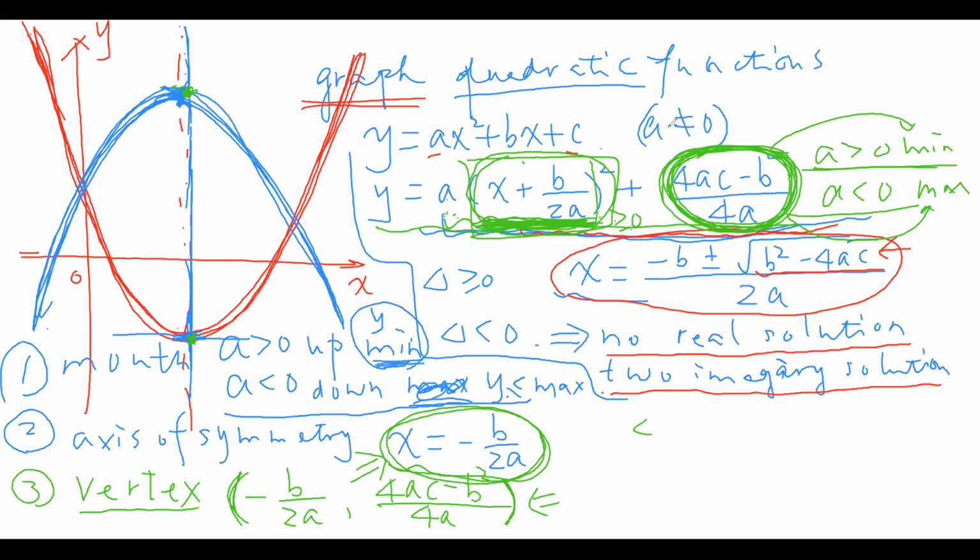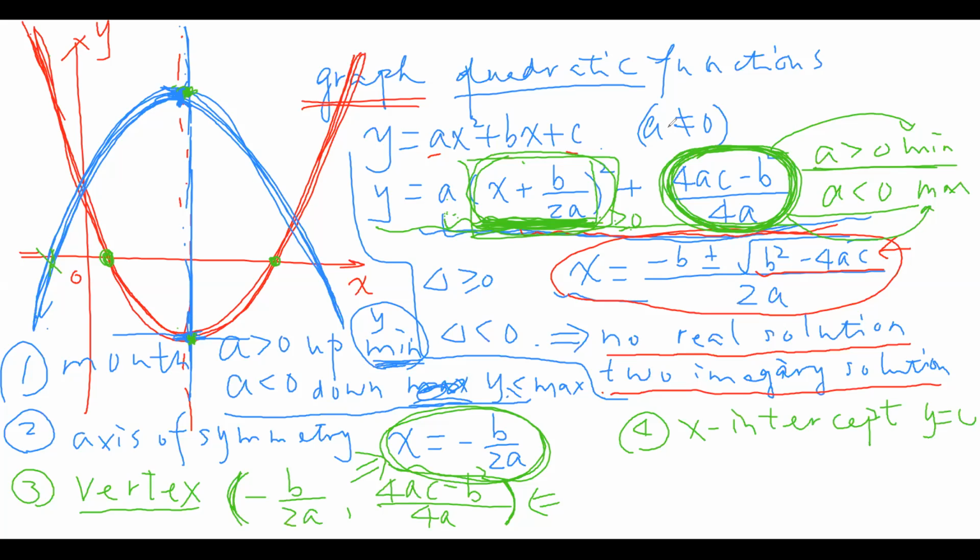The fourth one is the x-intercept. For the red parabola here, the x-intercepts are this one and this one. X-intercept means y equals 0.